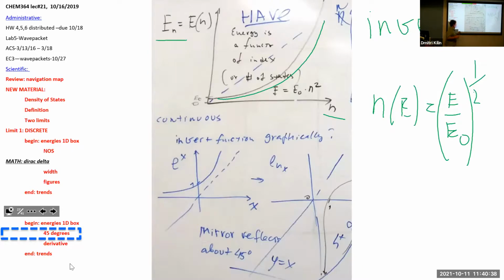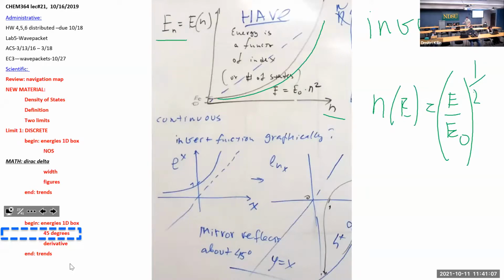Now, this is the function of energy as a function of the number of states. Can we, based on this expression, express the number of states as a function of energy? So what would it be? I see that Wyatt wants to answer.